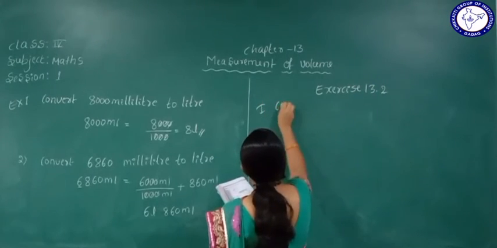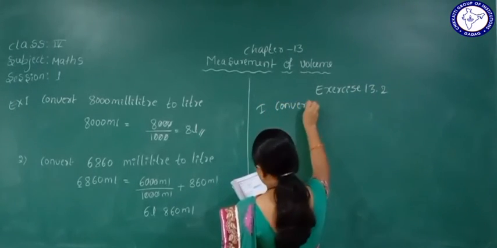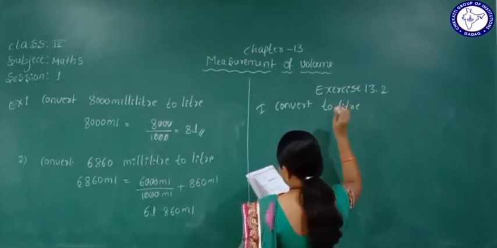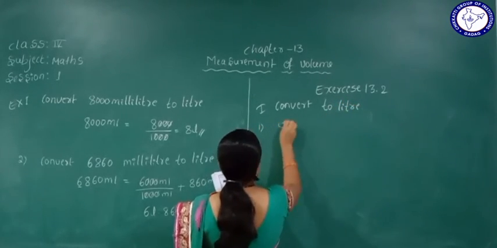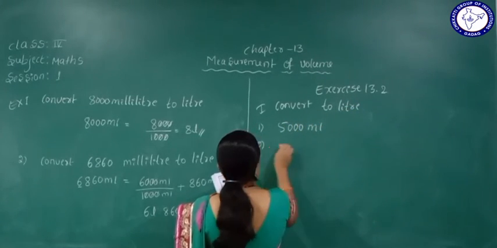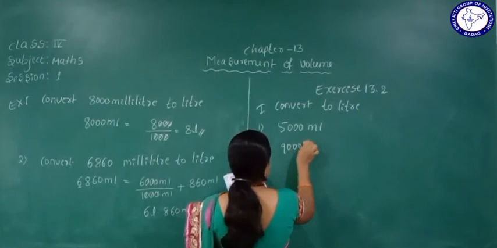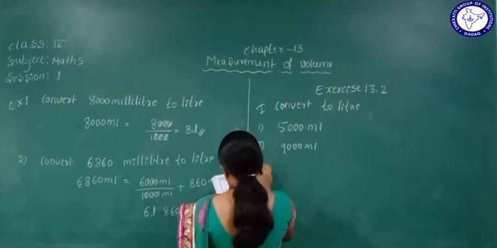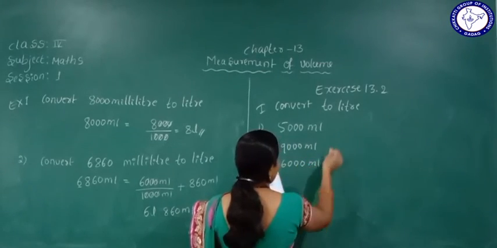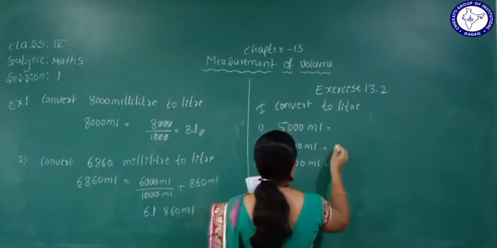First one, convert to liter: 5000 ml, 9000 ml, 6000 ml. What will we do? We'll write the answer directly now.